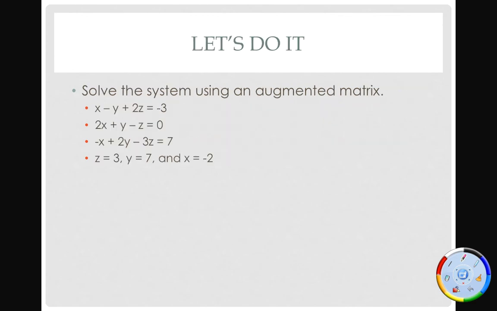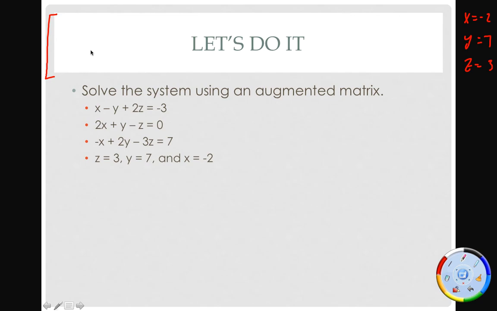So what I want to do here is solve this system using an augmented matrix. I'm going to write my matrix right up here. I'm going to get rid of this stuff here. I'm letting us know that x equals -2, y equals 7, and z equals 3, just so we know where we're going here.